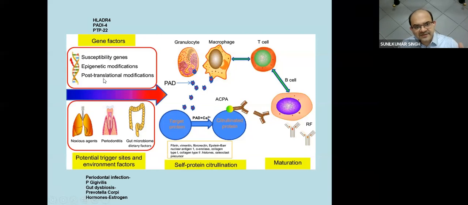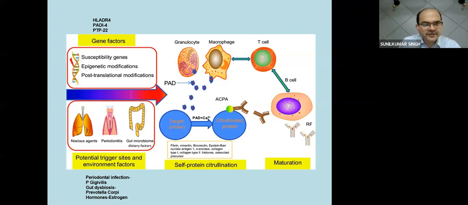And with the gene factors, there are some environmental triggers. So you can look at periodontal infection, gut dysbiosis, P. gingivalis, the Prevotella, other infections like chikungunya, Epstein-Barr virus, parvovirus. These are also known to be potential triggers. And of course, the most important and most well-studied trigger for rheumatoid arthritis is smoking.